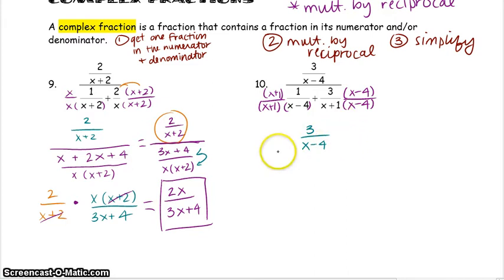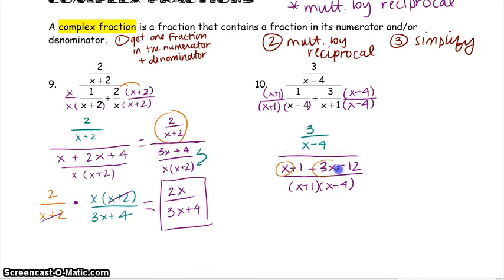And then that is all over, and let's distribute this 1, so that gives us an x plus 1, and then we're adding, distribute the 3, 3x minus 12, and that's all over x plus 1 times x minus 4. Okay, so we need to combine our like terms.